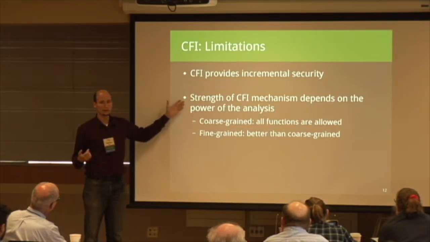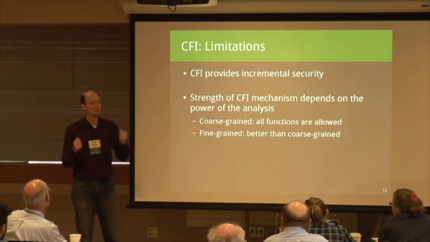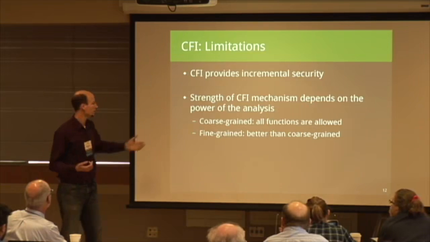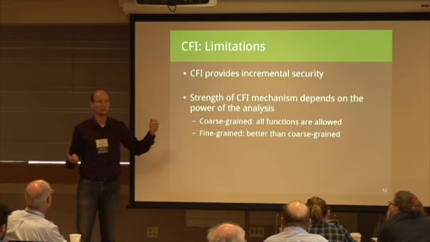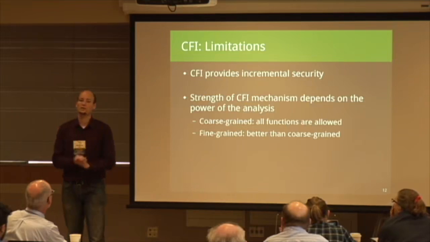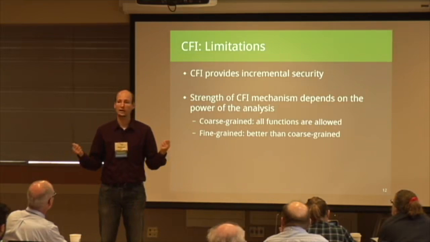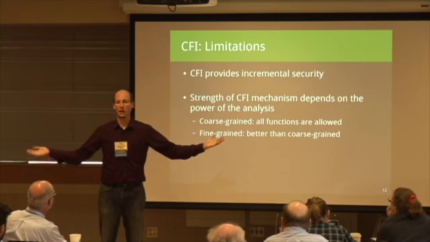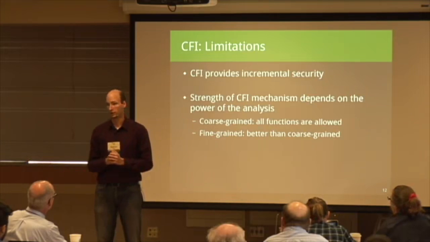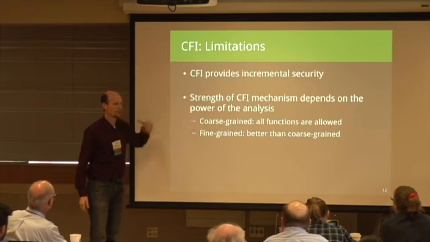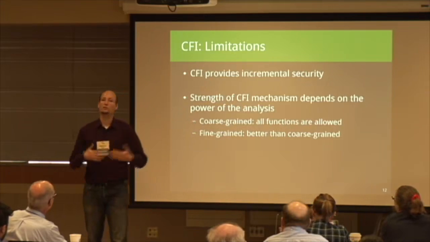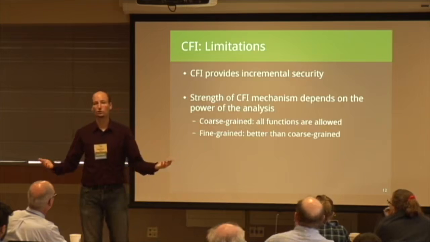If we look at the different CFI mechanisms, the strength of the CFI, the precision, depends on the power of the analysis. How small are these target sets? You can implement a CFI mechanism that is highly imprecise, that says we will just allow any single function that is out there. And this is precisely what coarse-grained CFI mechanisms do. They say we will allow you to transfer control to any function.